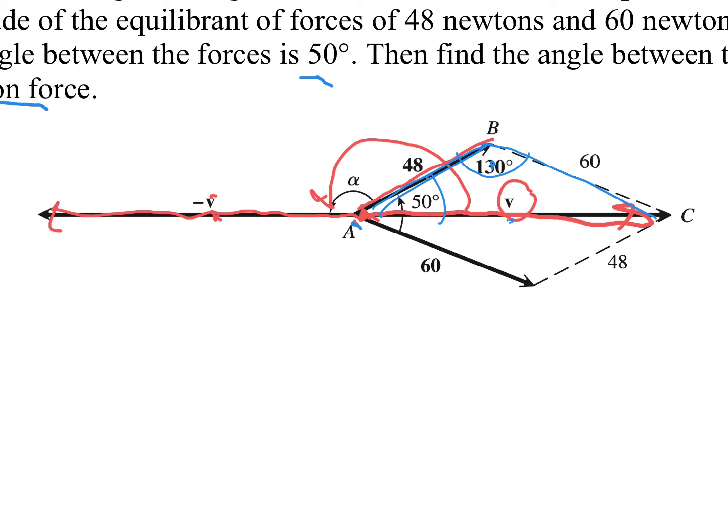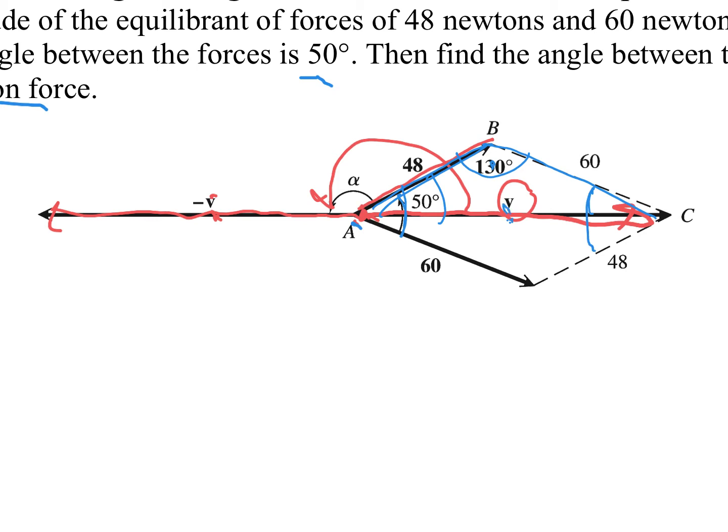And technically, would I need 50 here? Let's see, 150 plus 50. No, I wouldn't. Oh, I'm sorry. That whole angle has to be 50. So that's not helping me right now.